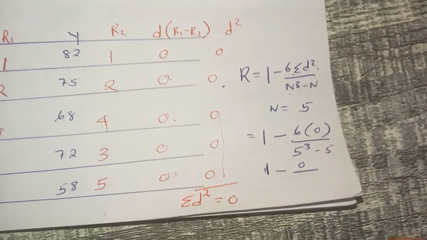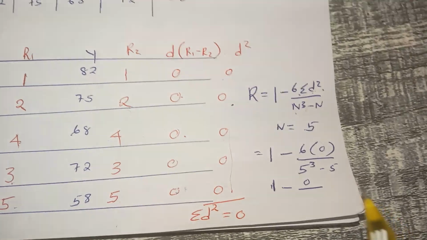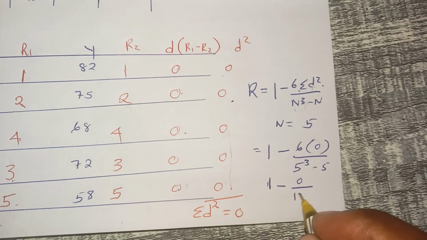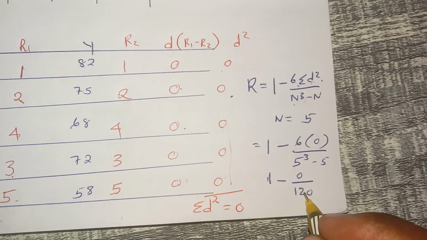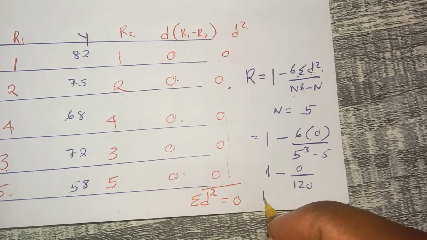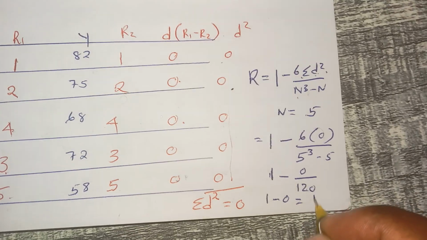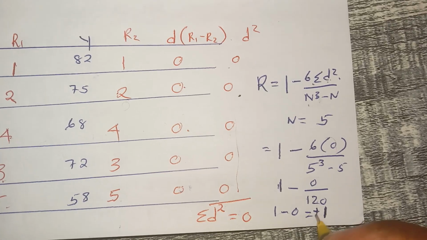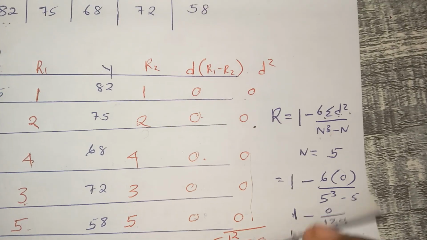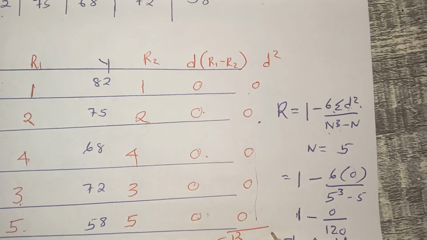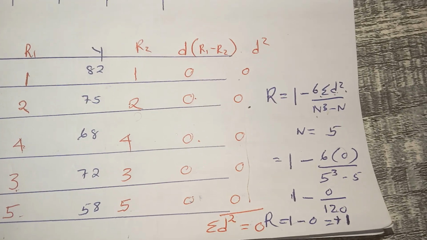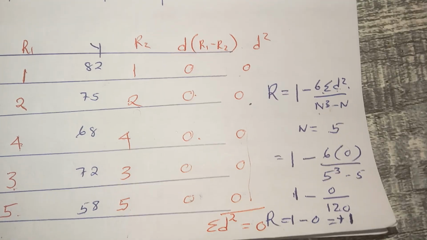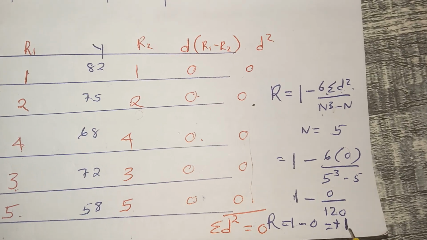That is 5 times 5 times 5, which is 125. 125 minus 5 is 120. So 0 divided by 120 is 0. So we have 1 minus 0, which is 1. And because this is positive 1, that is our R, R is equal to positive 1.